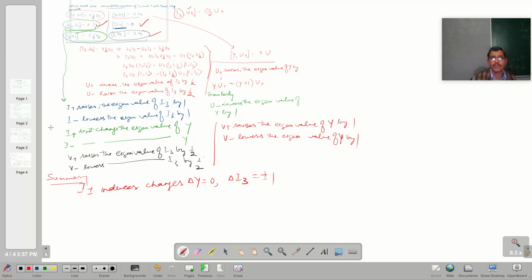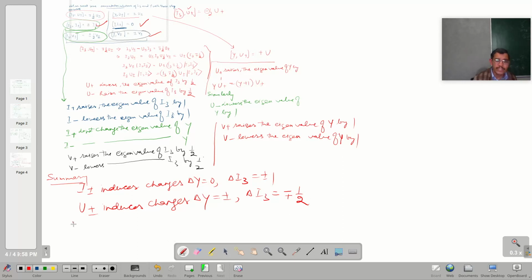From this, I am concluding this, and U± induces changes: delta Y is equal to ±1, and delta I3 is equal to minus or plus 1/2.